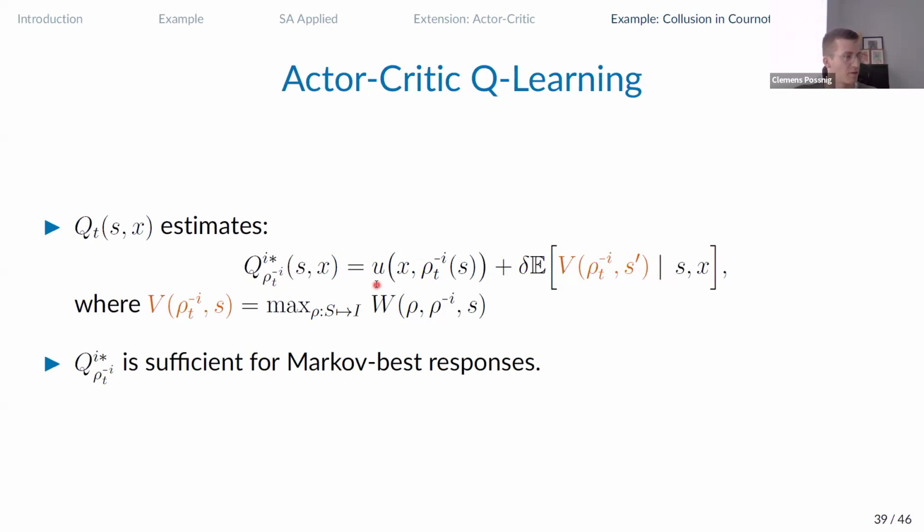I'm going a bit quicker because I want to get to the interesting result, but I hope everybody is on board with Q-learning, or at least with these Q functions. Knowing your Q star function is sufficient to find a Markov best response to an opponent who always plays rho_{-i}. So this is a sufficient statistic for that.